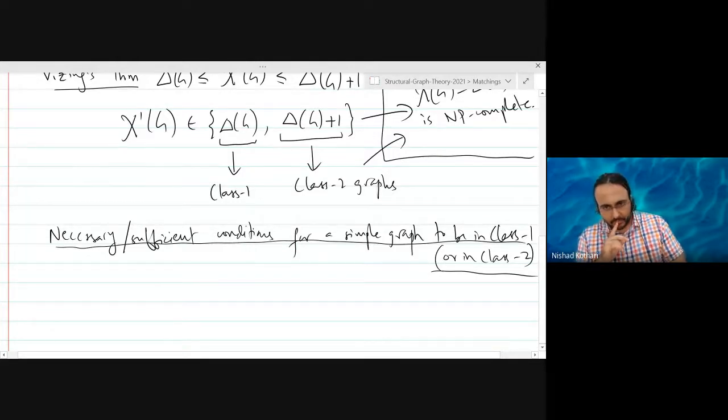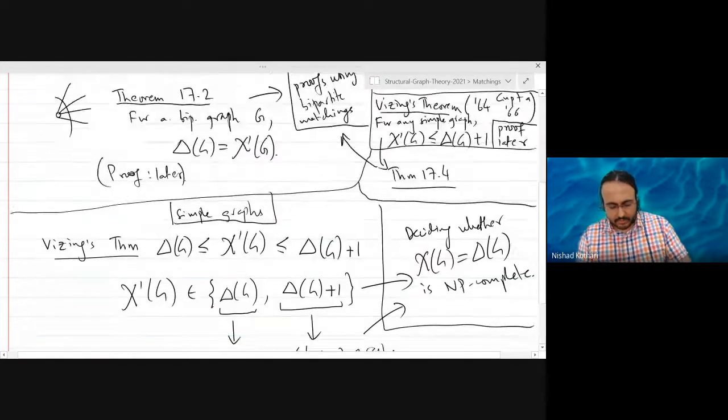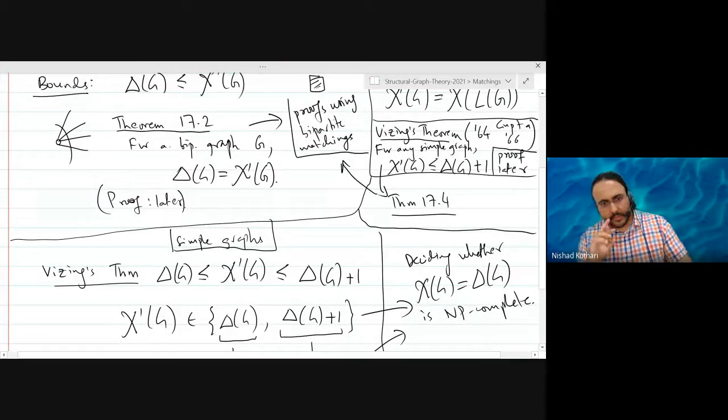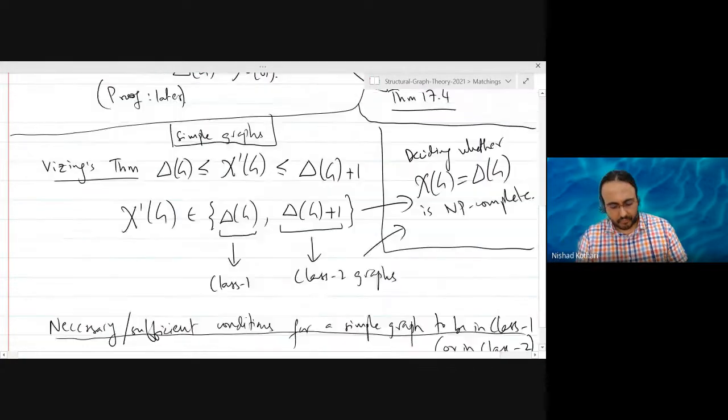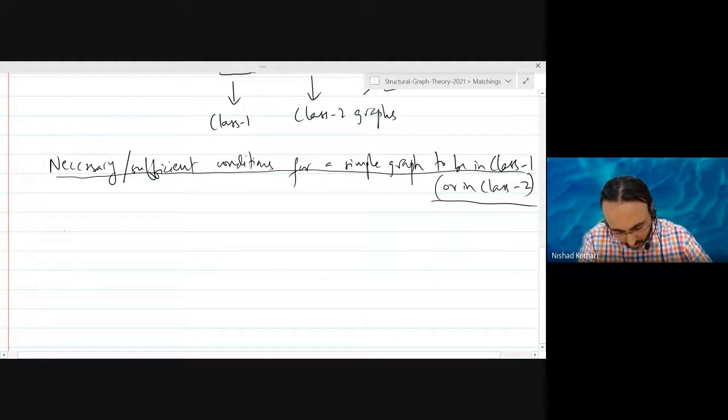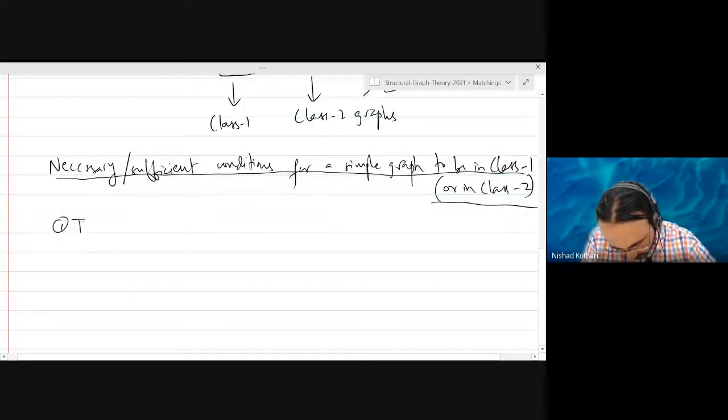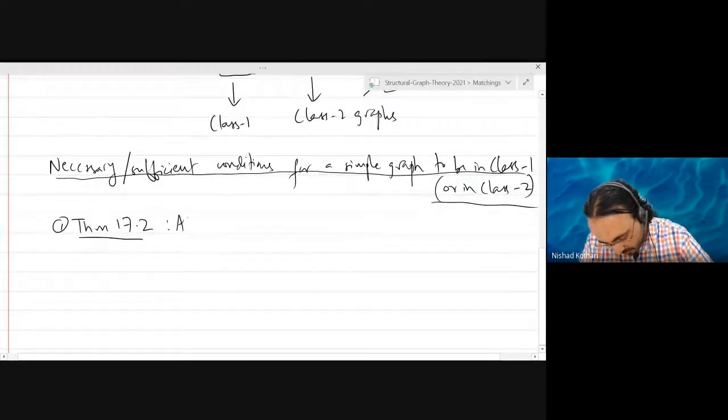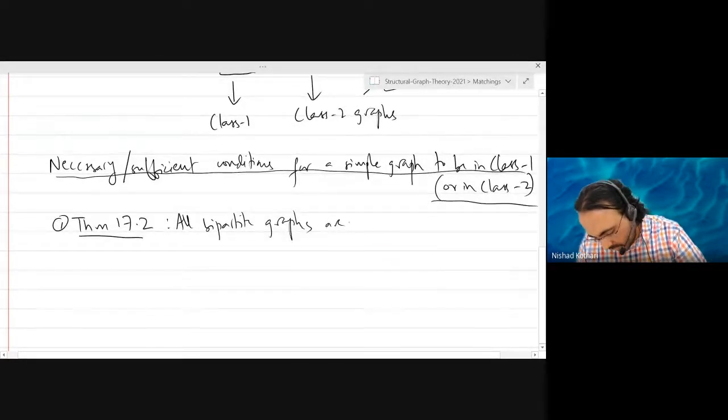So, based on the discussion we have had so far, theorem 17.2 tells you that all bipartite graphs are class 1.